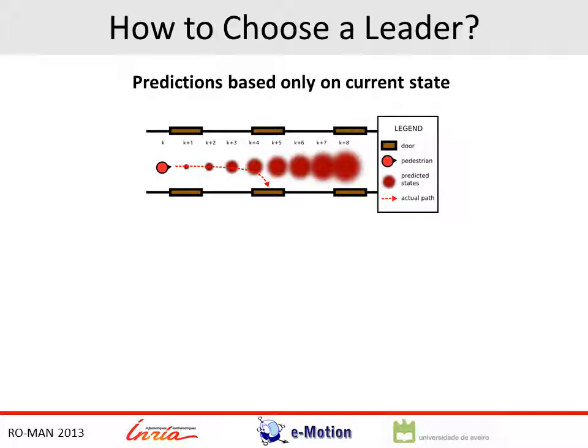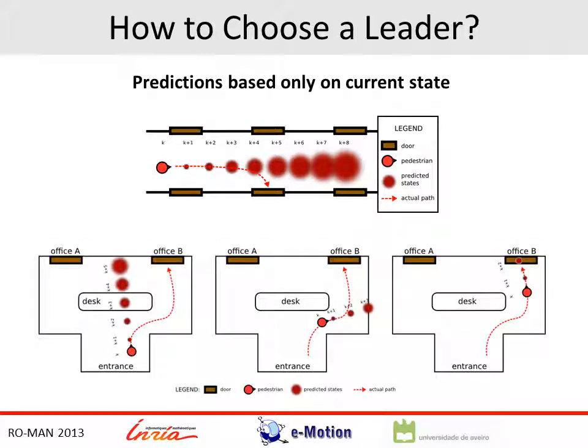So in this case we can see an agent that's moving along this corridor, and we can see in these blurred red areas the future prediction of the position of this agent. So in simple environments like this, an extrapolation of the current state of this agent is good enough to detect the future goal of this person.